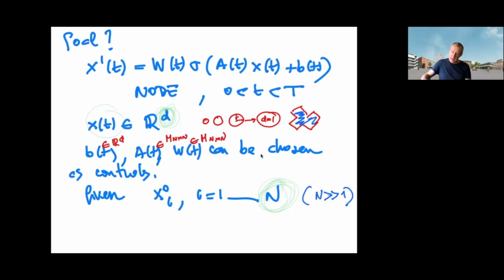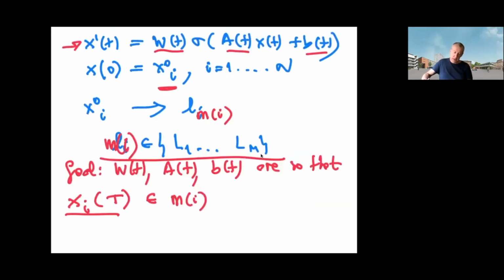Then the problem becomes quite ambitious, right? Because our goal is, given the various possible initial data in this Cauchy problem, can we find the controls bt, At, and Wt so that each of these trajectories, because whenever I solve this ODE, this will lead to a new trajectory, for i from 1 to capital N, gets to the corresponding label?